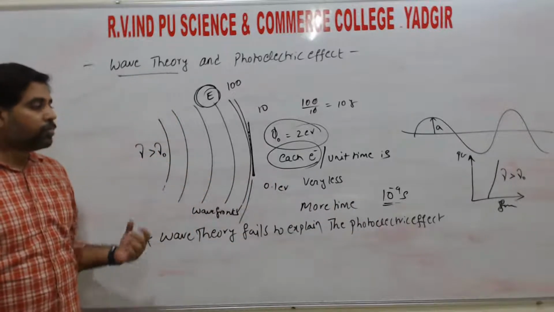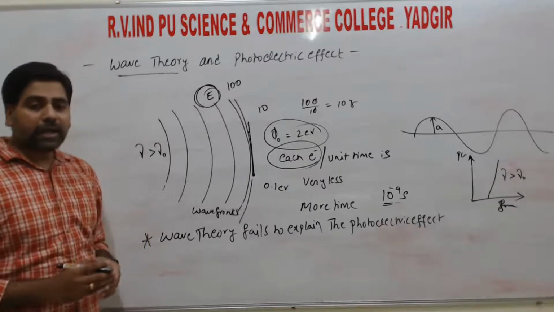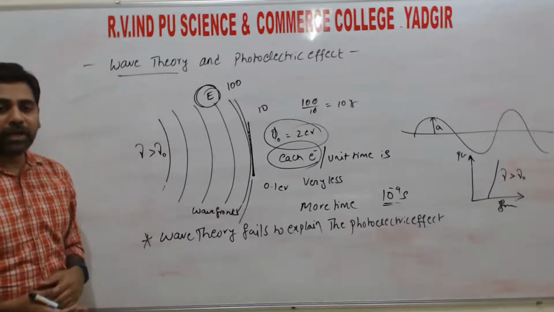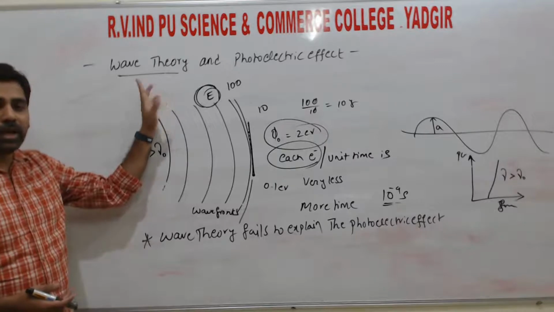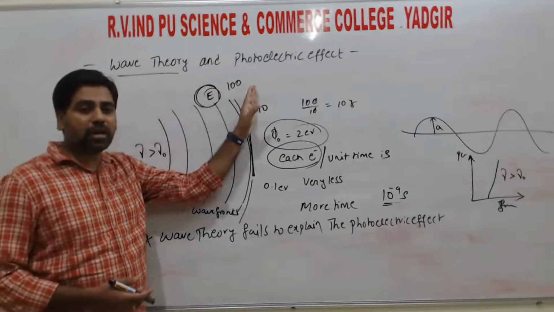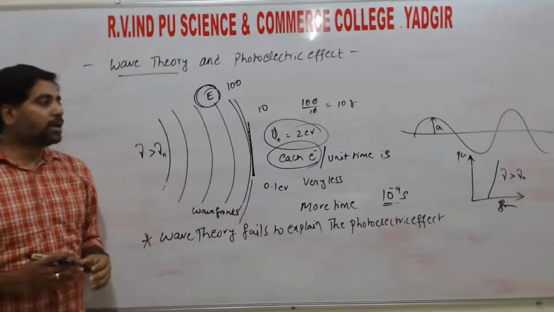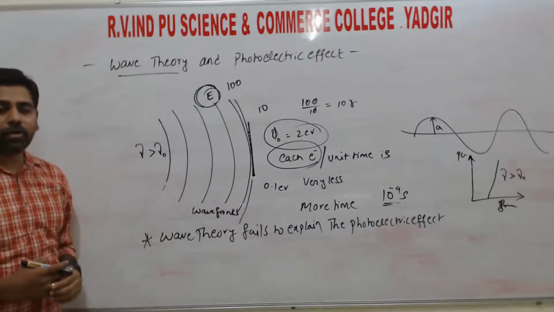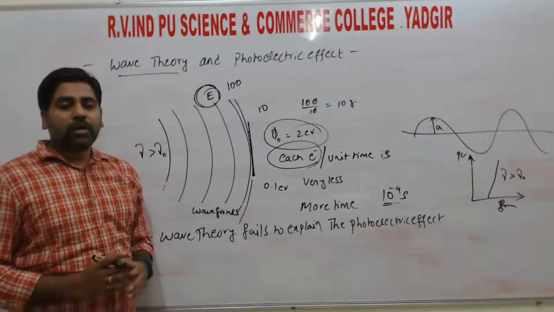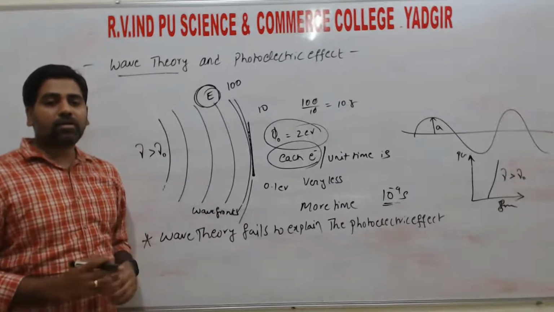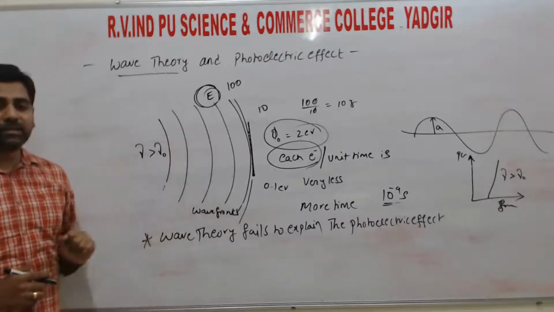The next one is that energy and intensity depend on the amplitude in wave theory, hence the kinetic energy depends on the intensity. But our experimental observation says that the kinetic energy of the photoelectrons depends only on the frequency of the incident radiation, not on the intensity.